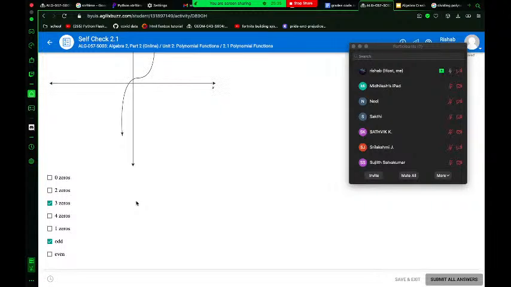So that automatically rules your answer off. It also rules off 2 and 0. So the only one you have left is 3. You have 3 zeros left, that's it.